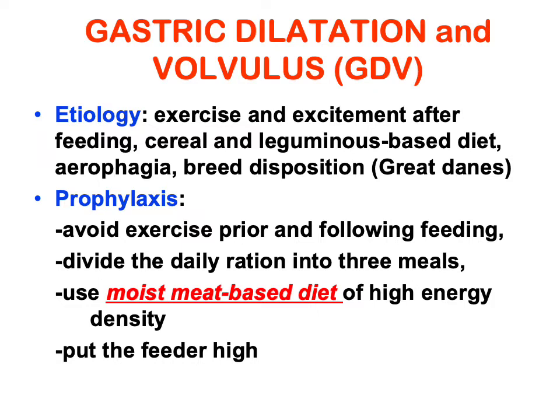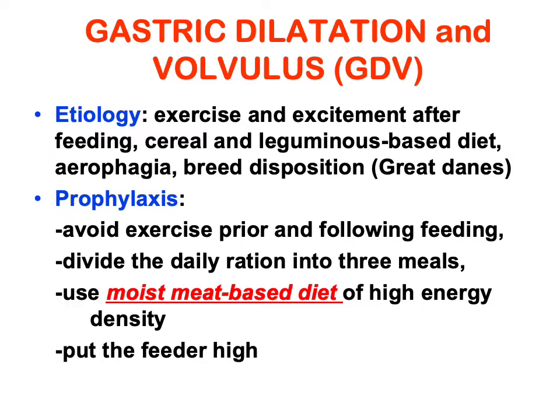Please prefer the use of a moist meat-based diet of high energy density. It will not produce gases. I have to tell you that many producers tell us that there is no real difference between moist and dry pet food.